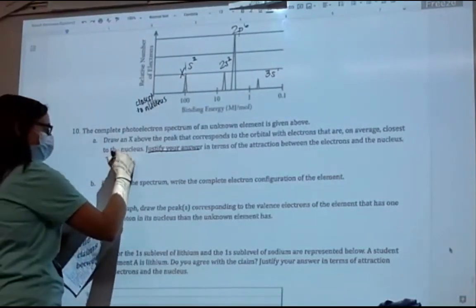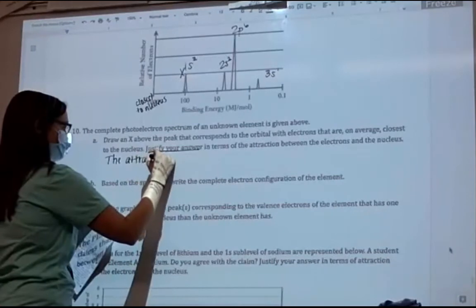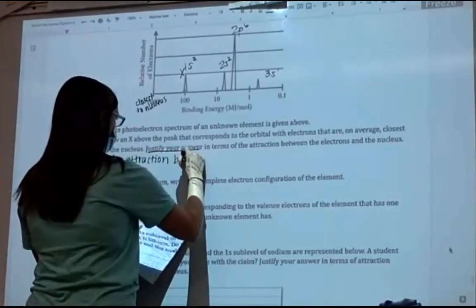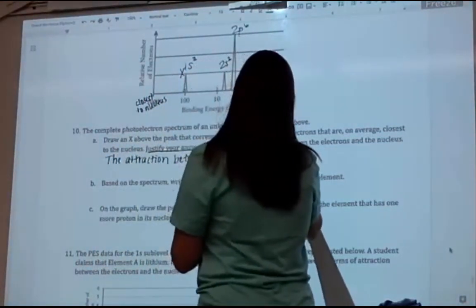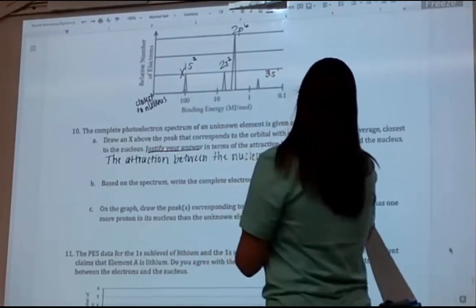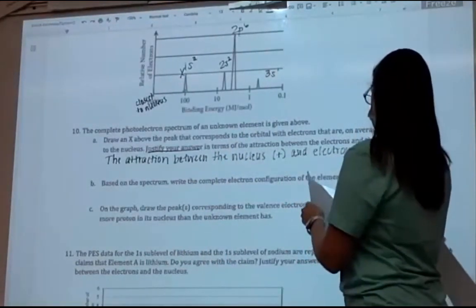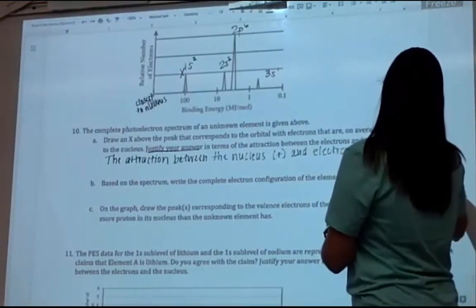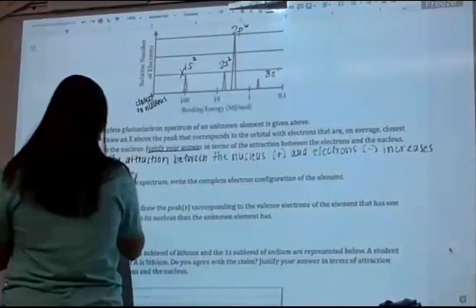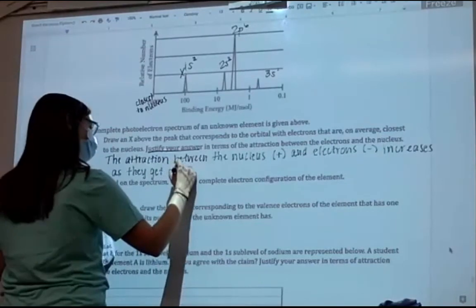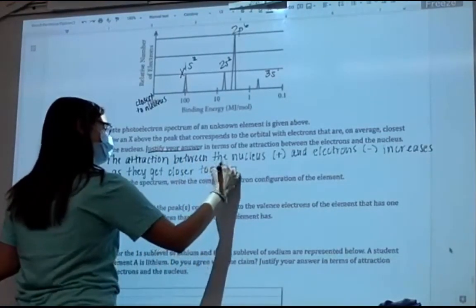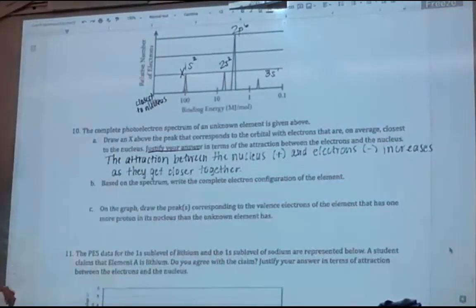So I'll just say the attraction between the nucleus, which is positive, and electrons, which are negative, increases as they get closer together. So as a positive and negative charge get closer together, opposites attract. So the attraction is going to increase as they get closer together.